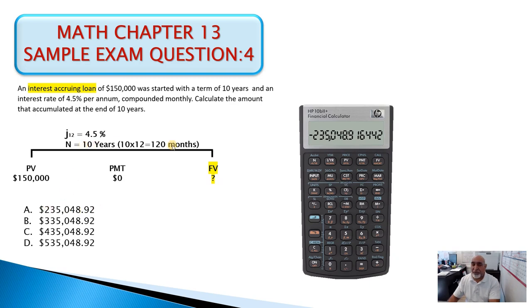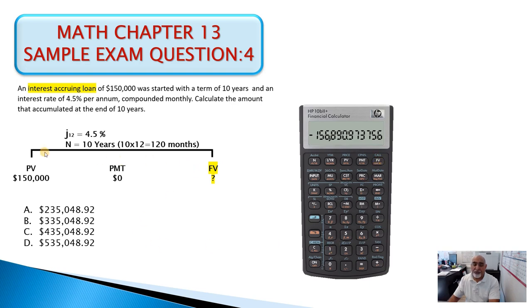Now, if I change my time to, let's say, 12 years, 12 times 12 is 144. This number will be different. 144 for N, and my FV is 257. If I change my N to 1 year, which is 12 months, my FV is totally different.